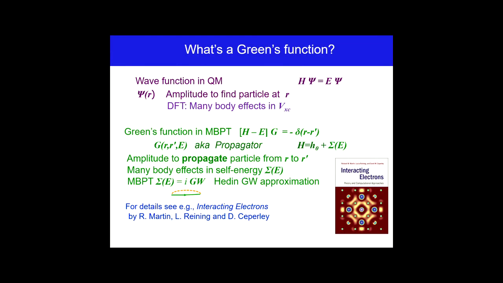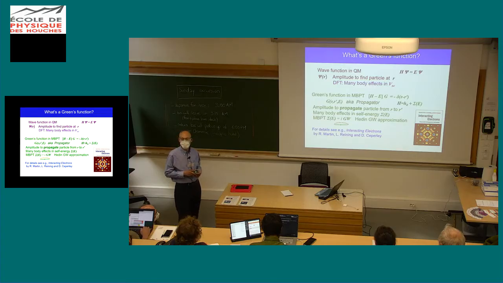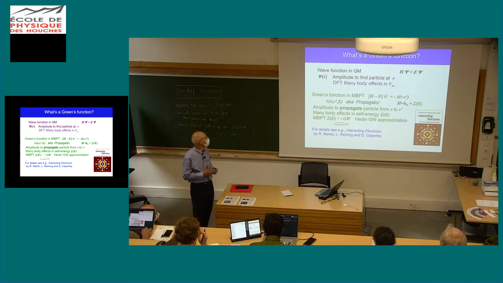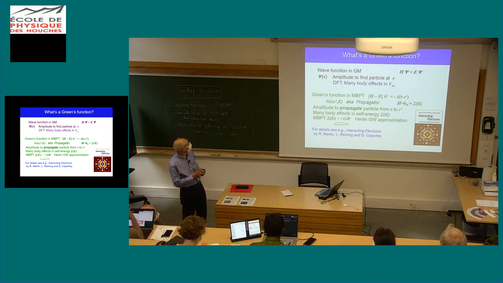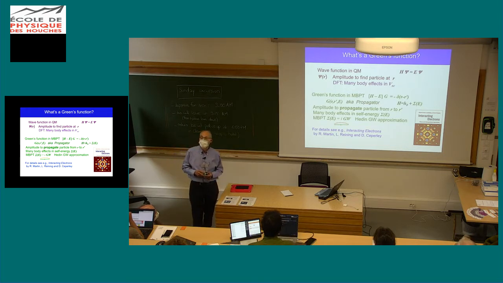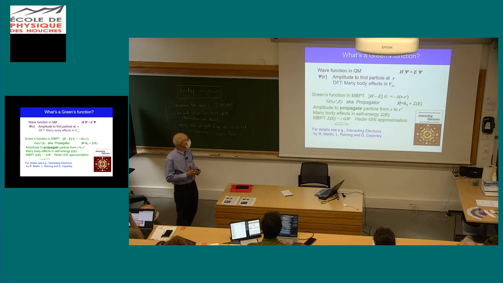Here we go. So just to summarize, in this school, there's been a lot of discussion about what a Green's function is. It's very similar to the wave function in many ways. I mean, it's a similar Hamiltonian, except in this case, it's a driven or inhomogeneous Schrodinger equation, at least the one particle form is.